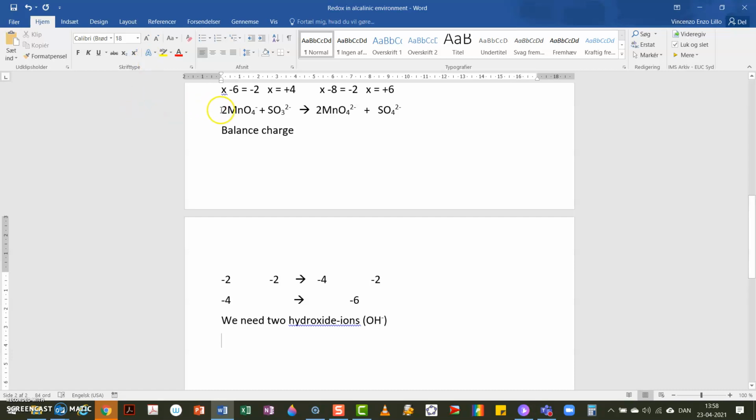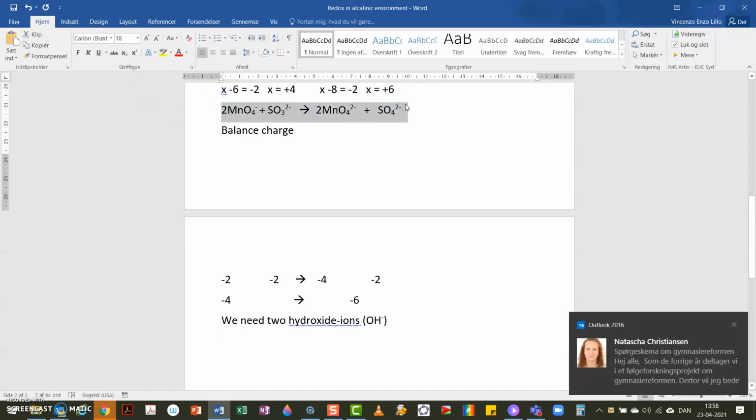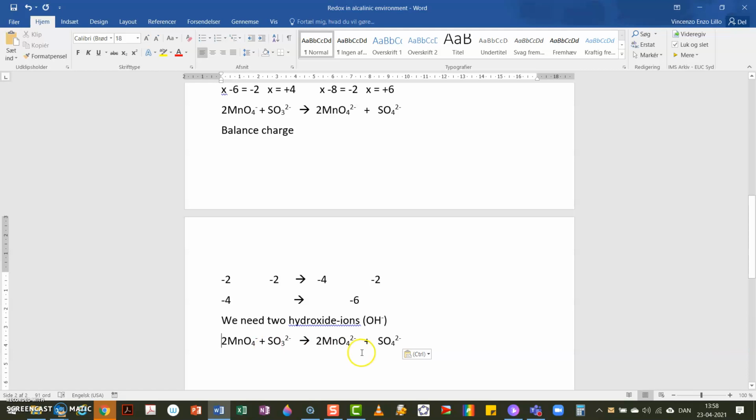So we rewrite our equation and we put 2 hydroxide ions where they are needed. As they are needed at the left, then they have to come here.